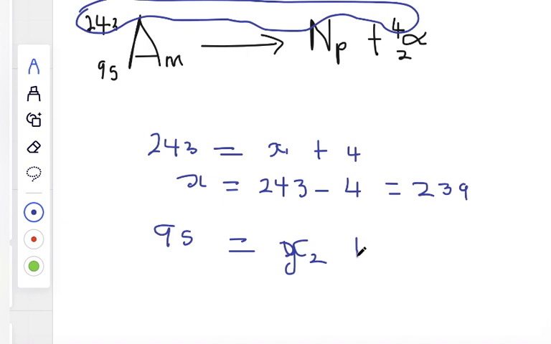Plus 2. So 95 is equal to what we don't know, plus 2. To find x2, we move this to this side and it becomes minus. So x2 is simply 95 minus 2, which is 93.